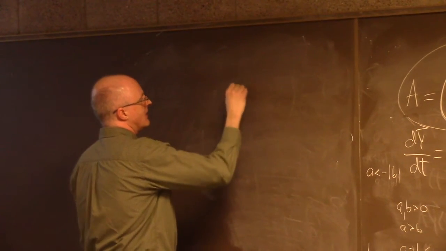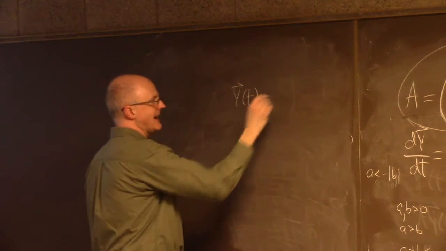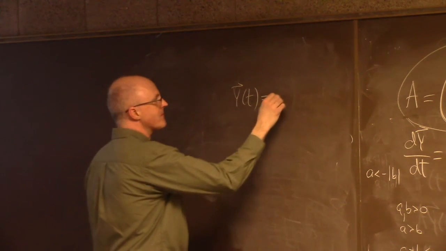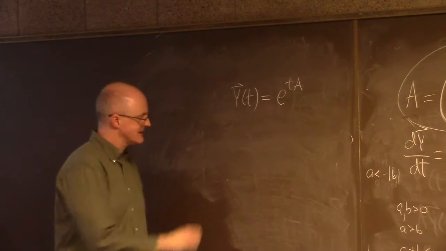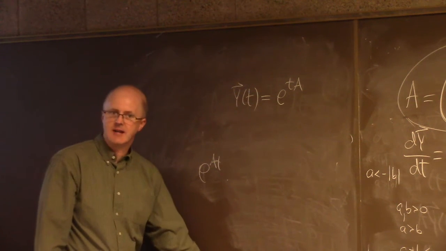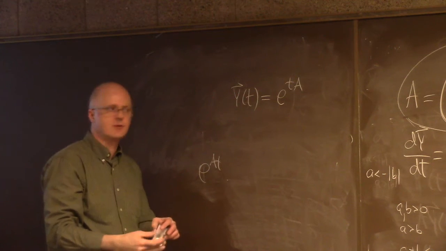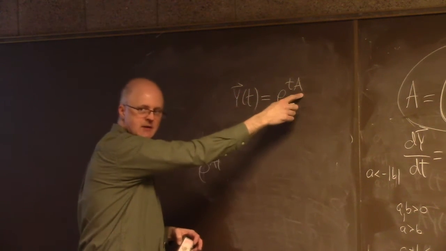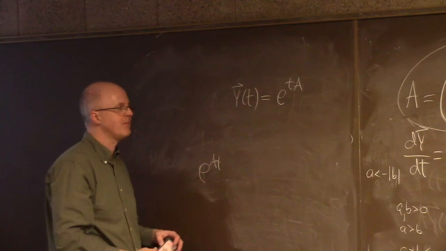First of all, when I write the matrix exponential by hand, and I think of this as a solution, I write it as e to the t times A. Some people write it as e to the A times t, which is fine. Either one's fine. I like putting the scalar in front of the matrix to emphasize that t is a scalar times the matrix. You're multiplying every entry in the matrix by t.